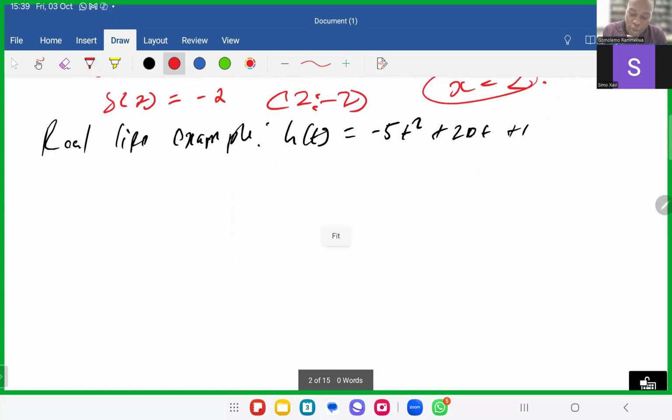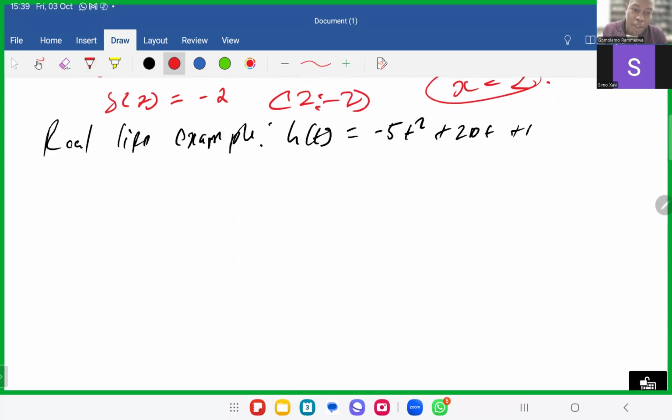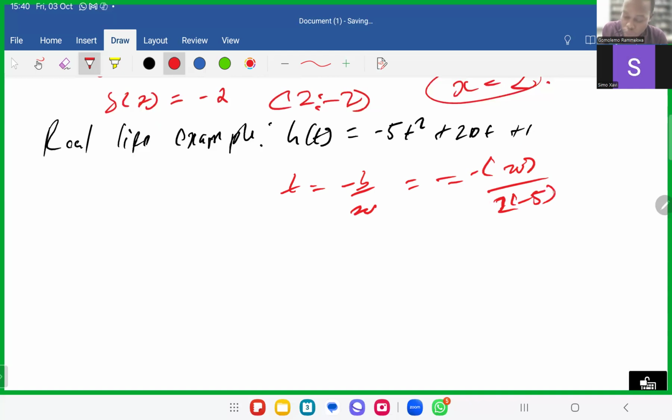To find the time for maximum height, we use the equation of the axis of symmetry, which is minus b over 2a, equal to minus 20 over 2 times minus 5, which is equal to 2 seconds.